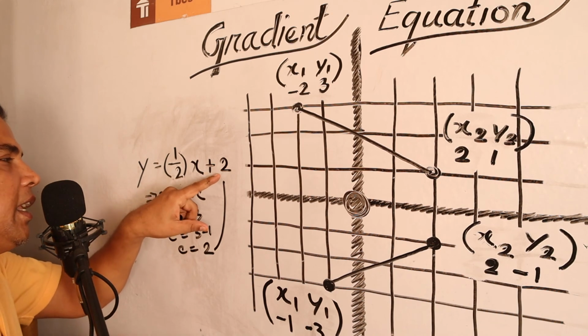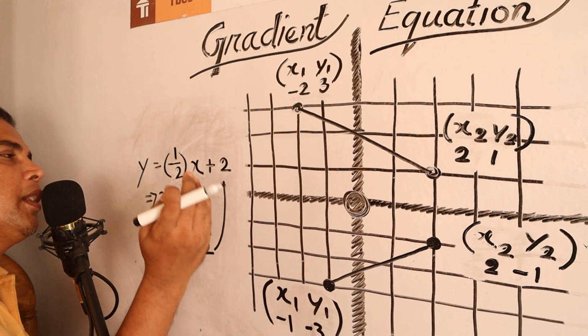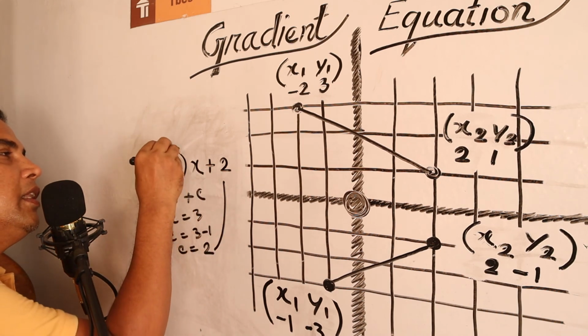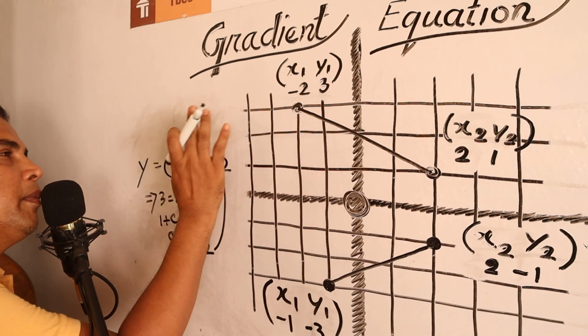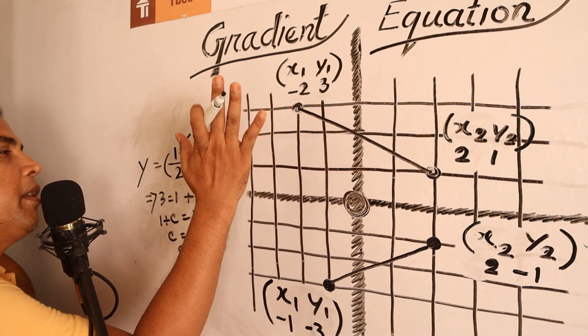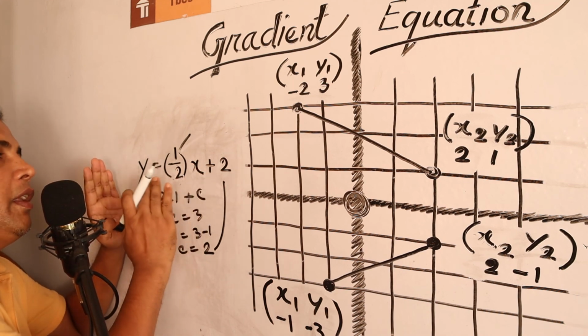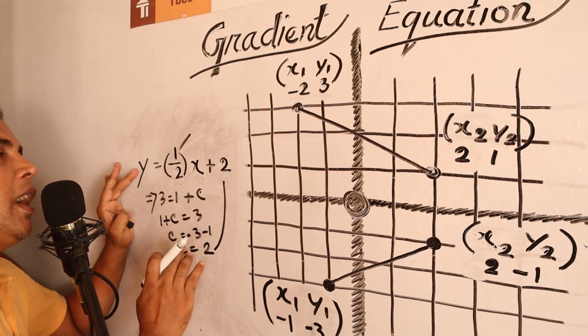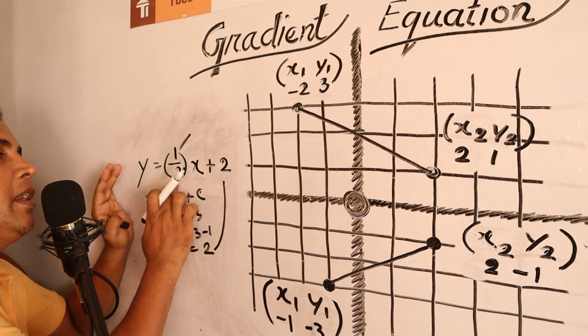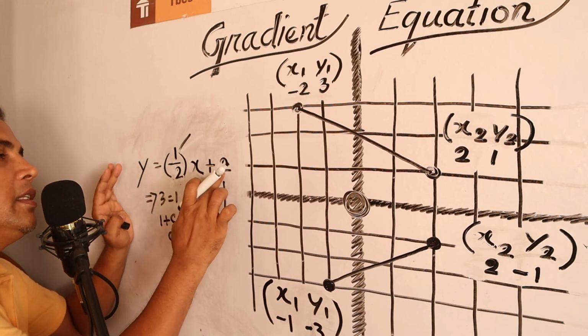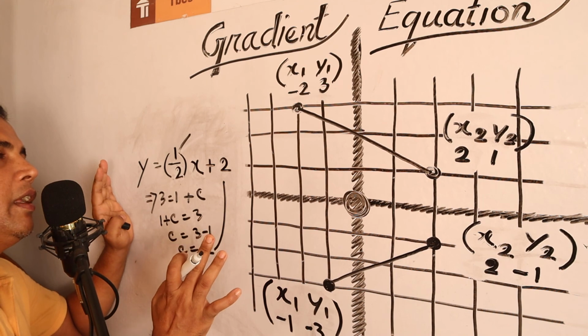After getting c, again we have gone to the previous situation. This is the gradient we got from the mathematics of this part. This is the structure of the equation. This is y, this is always the gradient, this is x and this is the value of c.